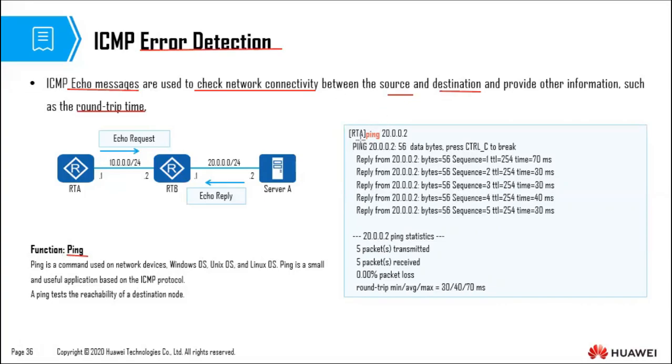So in a computer or in a router, you might enter ping, then space, then the IP address of where you want to reach. It's called an echo message because when you send that request, you receive a reply. So we have an echo request and an echo reply.